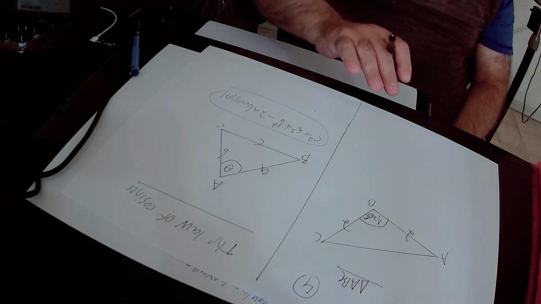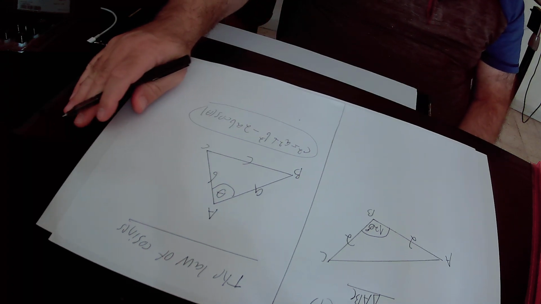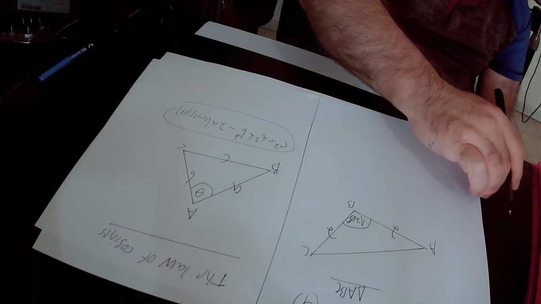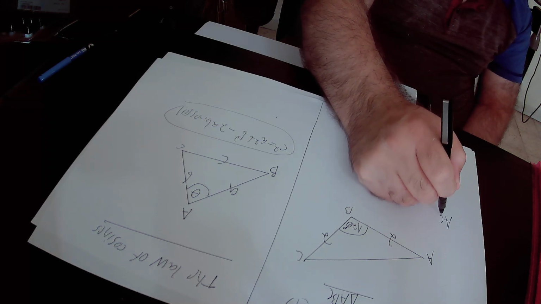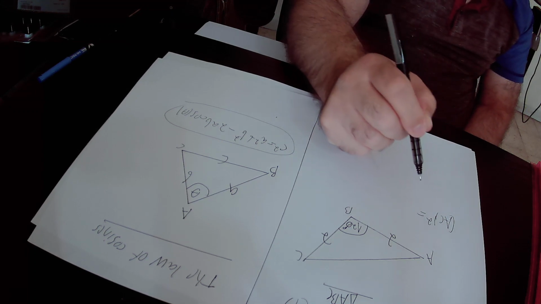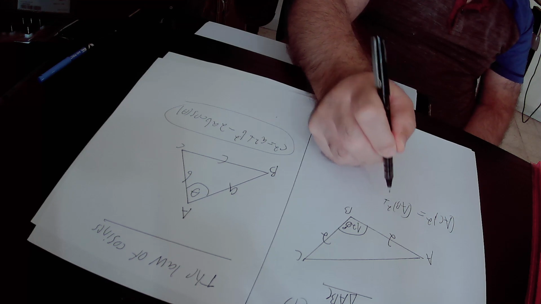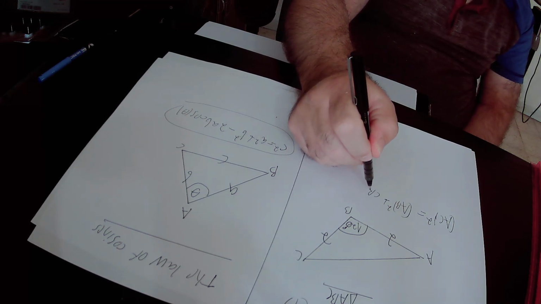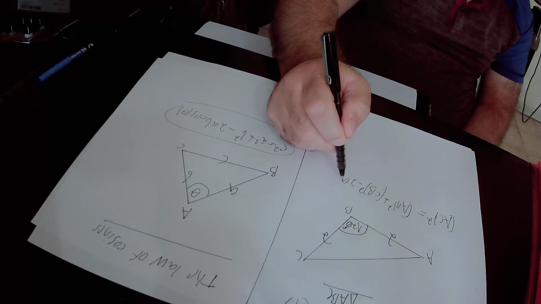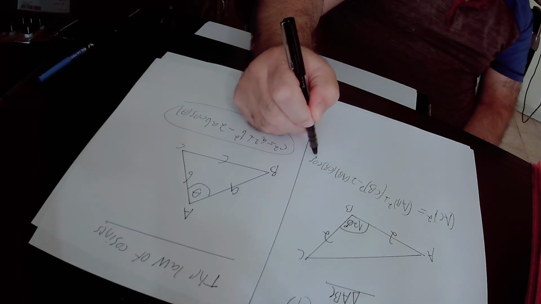So according to the law of cosines, we get that AC square, AC is the missing side, equals AB square, AB equals 2 units, plus CB square, CB also equals 2 units, minus 2 times AB times CB times cosine 120 degrees.